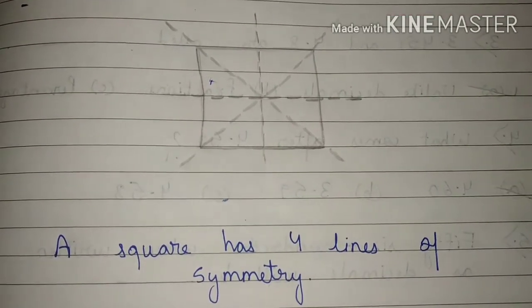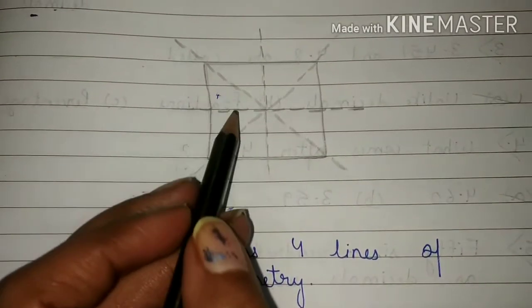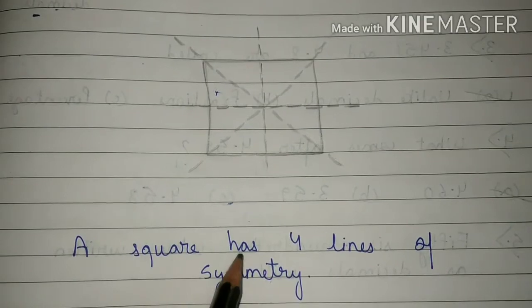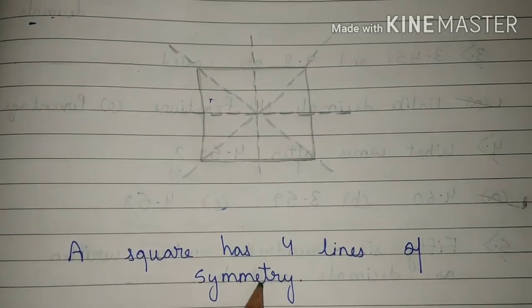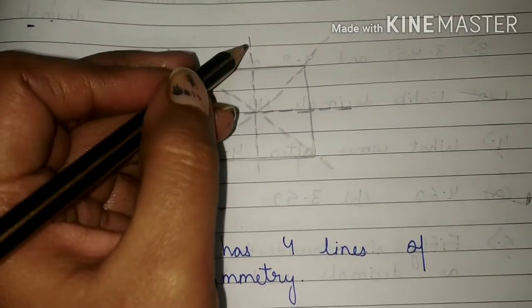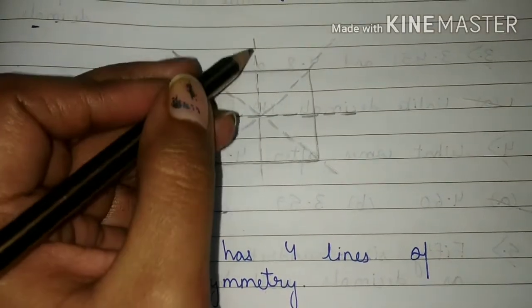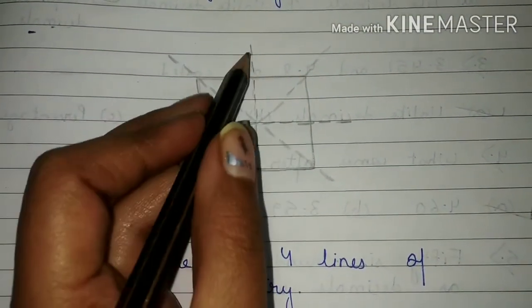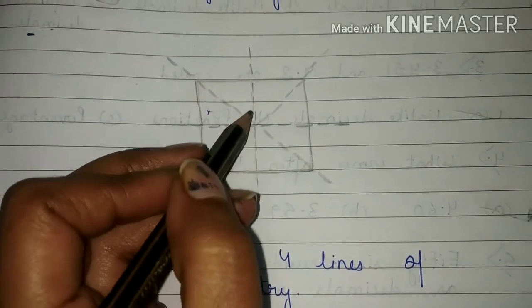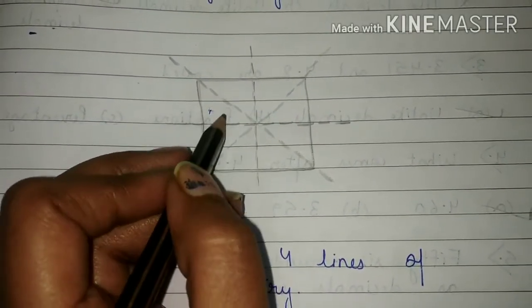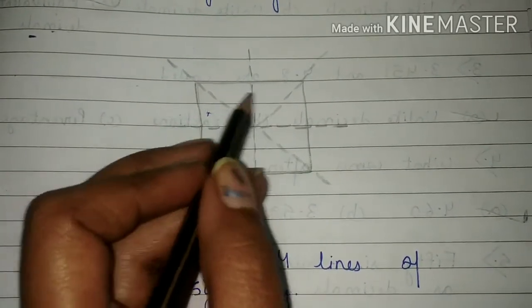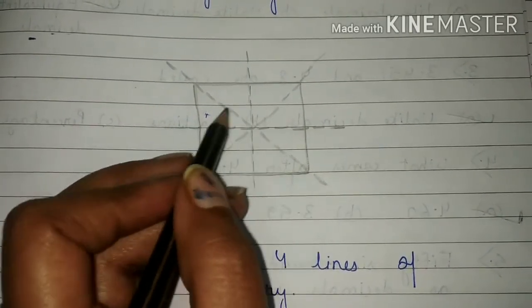Now students, look at this figure. This is a figure of square. A square has 4 lines of symmetry. Students, if you draw a vertical line like this, after that fold the figure along that line, you will notice that the two equal parts are overlapping each other, or they are facing each other, or they are covering each other.